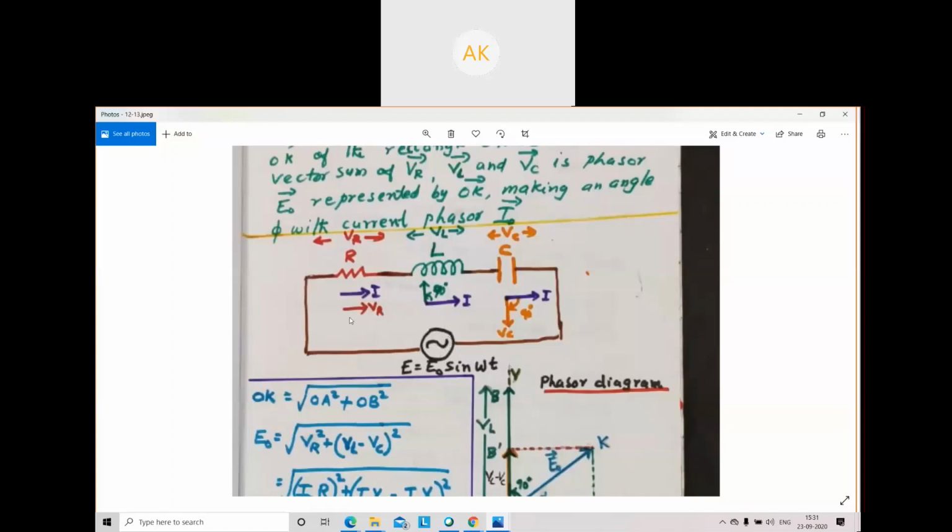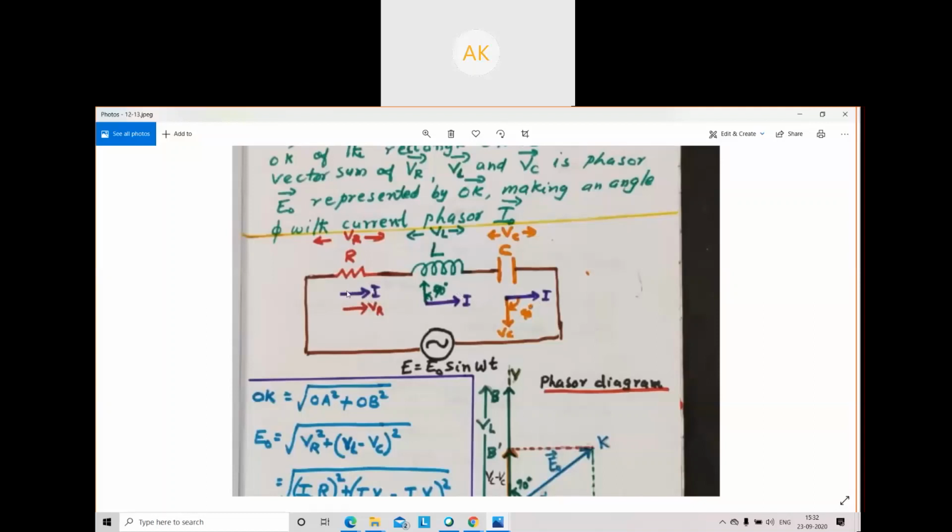Okay. Then the current, as they are connected in series, current through each element is same. Why? They are connected in series. Series connection we have studied. Current through each element will be same. And that's why it is marked here. In order to show the phase difference, small diagrams are shown below each component.